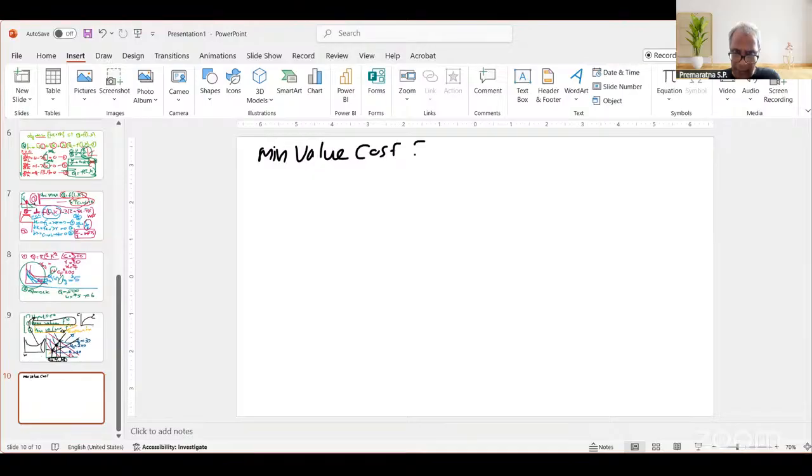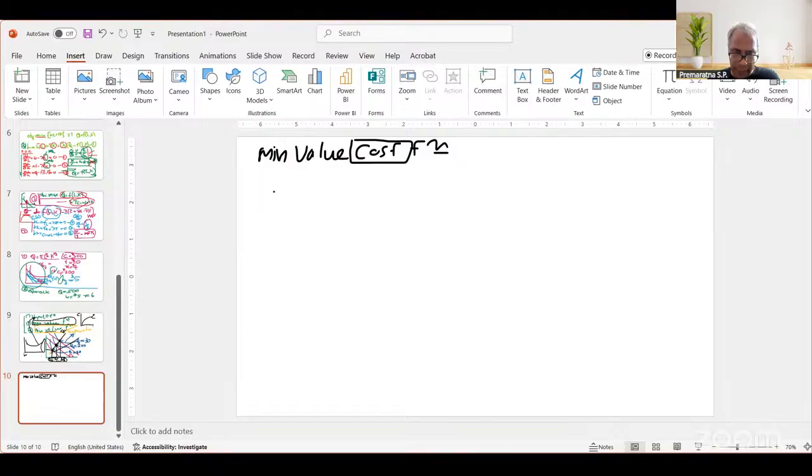In mathematics, you might have learned how to derive the minimum value function and the maximum value function. When you come to microeconomics, we call it the minimum value function, the cost function. The maximum value function I will take up later on. It uses the maximum value, basically the profit function.